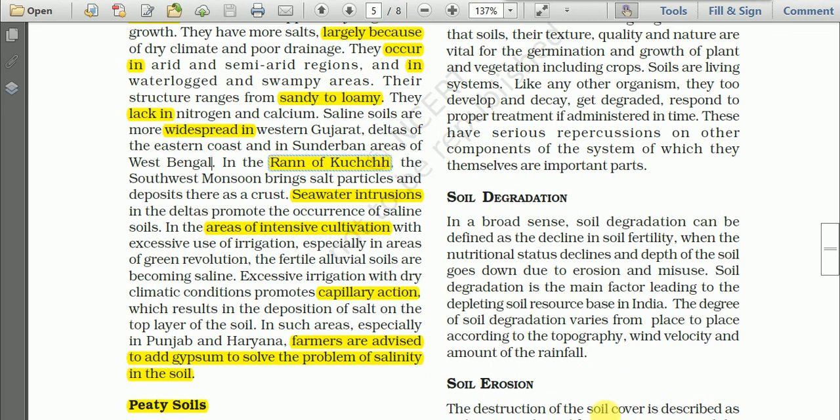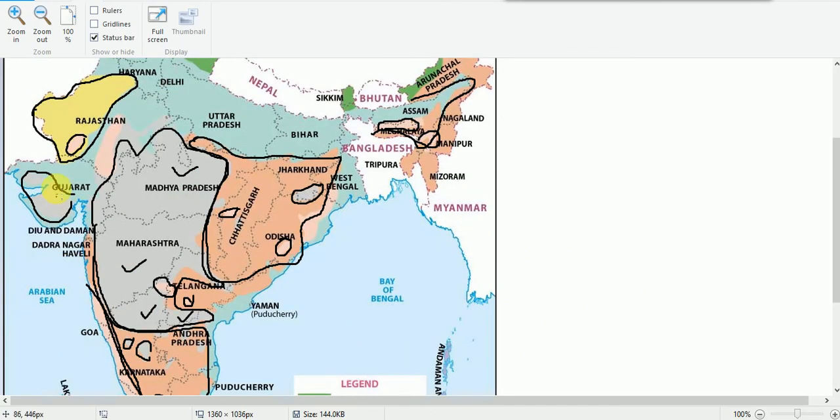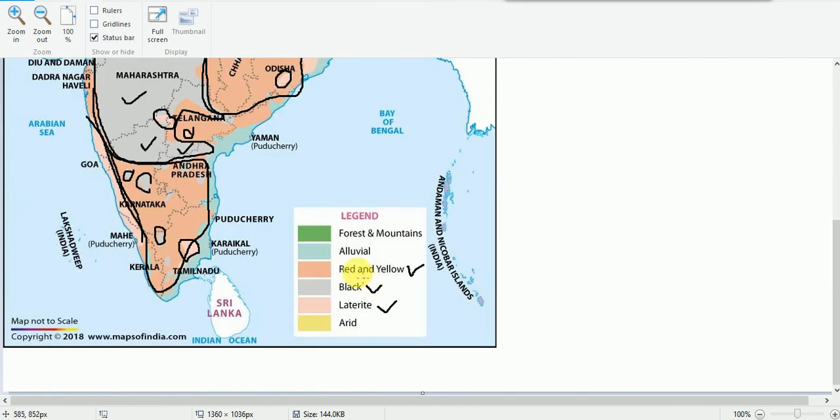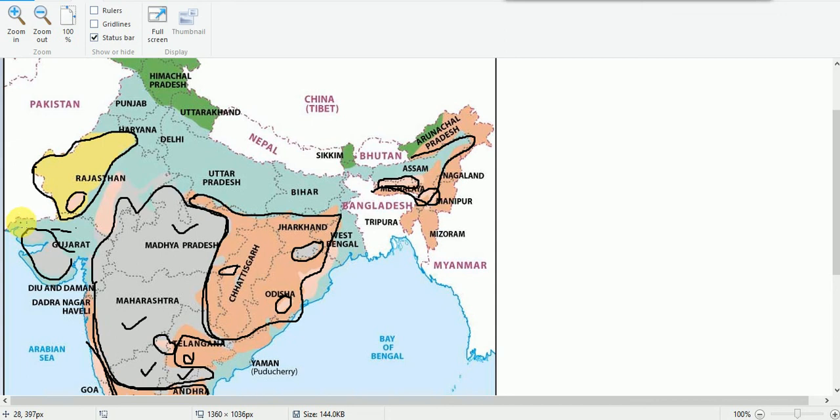And now let us see that map. Just see here, the Rann of Kutch is here in this area. Saline soil is not located exactly here, but the Rann of Kutch is here.